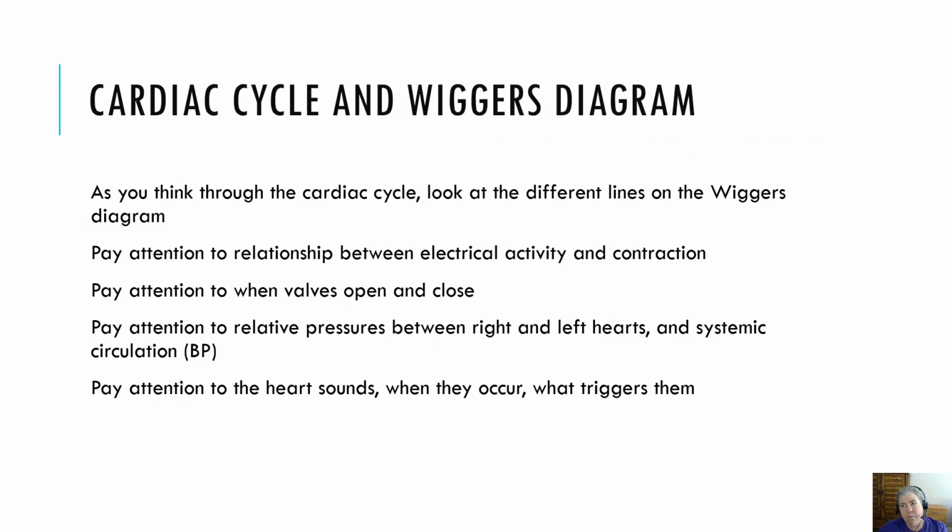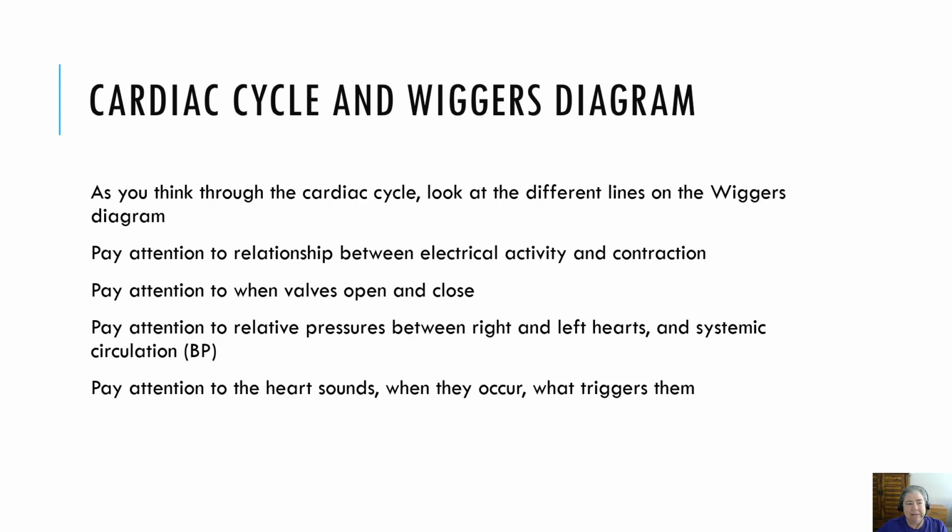So, one of the things that I think will help you in studying this material is to think through the cardiac cycle as you are looking at the lines on a Wigger's diagram. Kind of go down each line, go across through the time cycle, pay attention to the relationships between events.